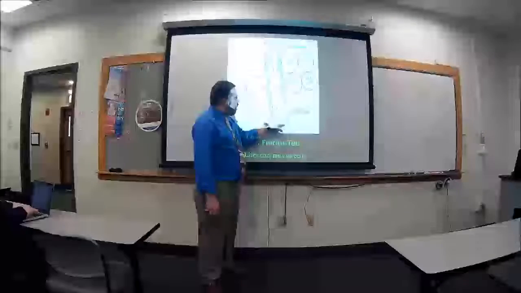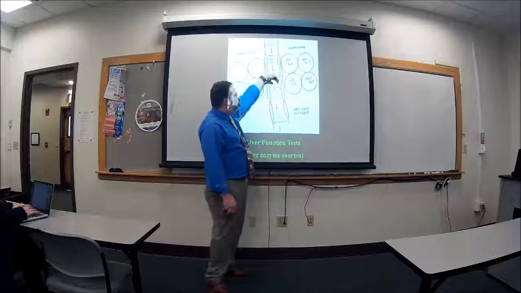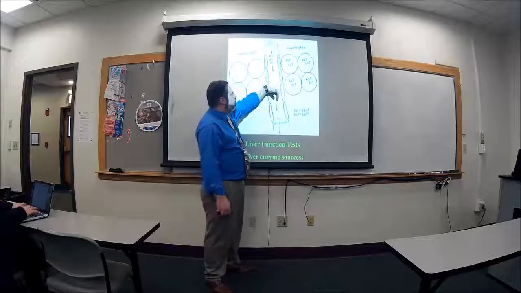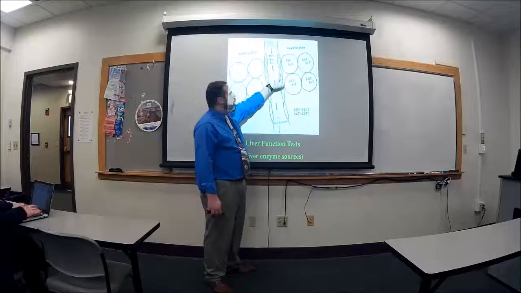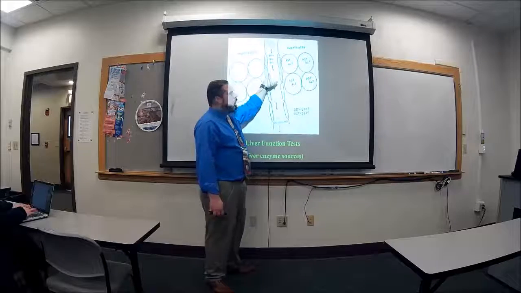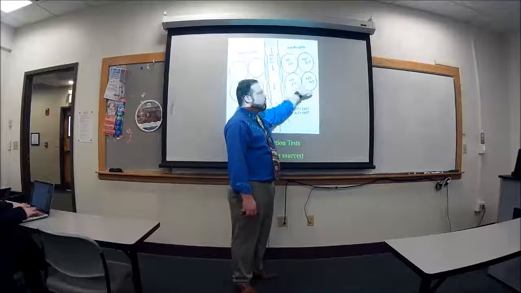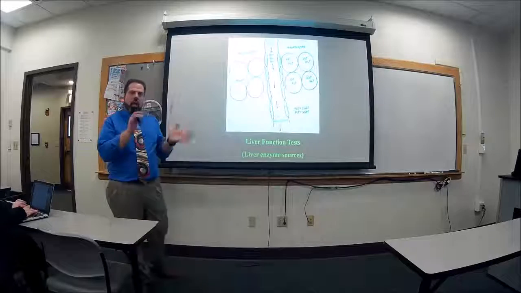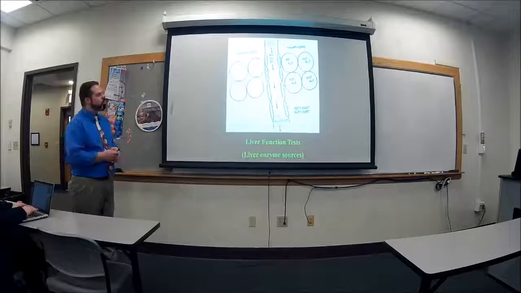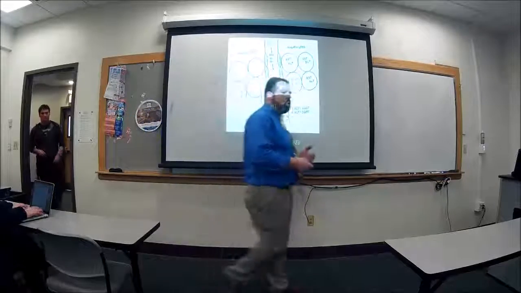So if there's some kind of blockage in the gallbladder, gallstone or whatever, then there's going to be a backflow of bile here, and these will actually burst. And that's why the GGT and ALPHOS goes up. If there's something wrong with the liver disease itself, these will actually burst and release ALT and AST. So you should have a concept of that, okay? So those are liver function tests, at least the enzyme sources.